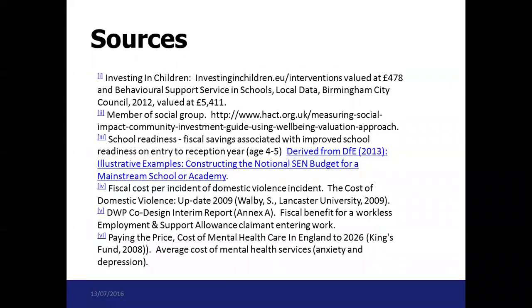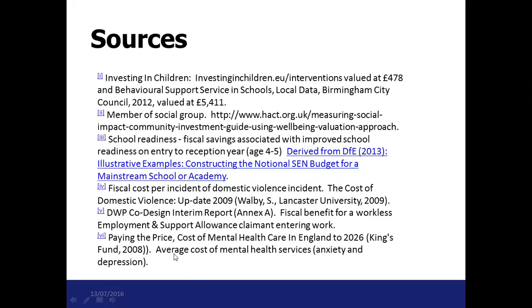So, for example, the cost of domestic violence, this has come from a report that was done in 2009. You've got the Department for Work and Pensions, their fiscal benefit from somebody who's currently unemployed and claiming ESA, entering work.